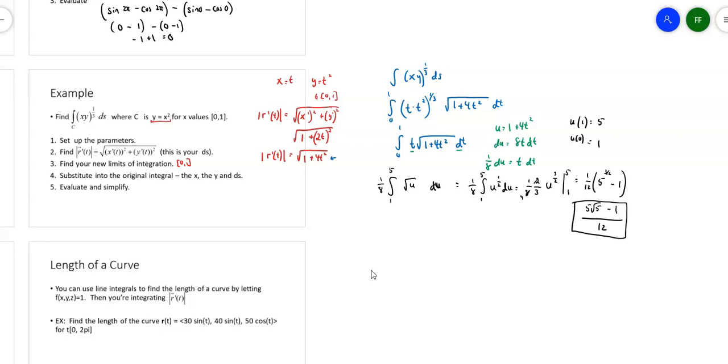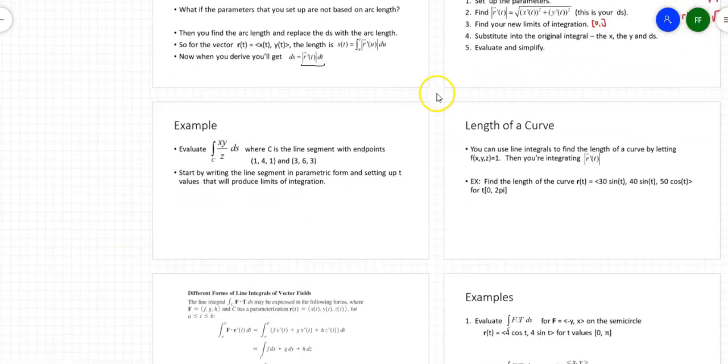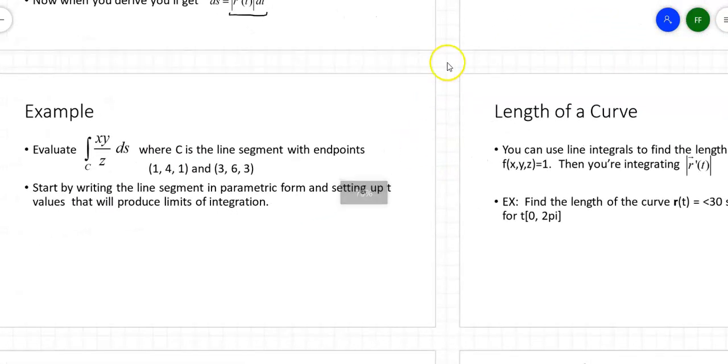Then I had to find the magnitude of r prime that essentially replaced the ds, and then set it up with the integral, replacing the x and the y with their equivalents in terms of t. Don't forget your magnitude of r prime. That takes care of the fact that the arc length is not the parameter. And then evaluate. In the process of evaluating, that's where I introduce the u substitution. You won't always need a u substitution, but you might. In that case, that's how you do it. So we go eventually back to Calc 1 and 2 techniques to finish evaluating it.